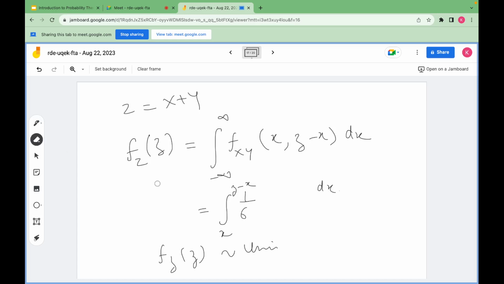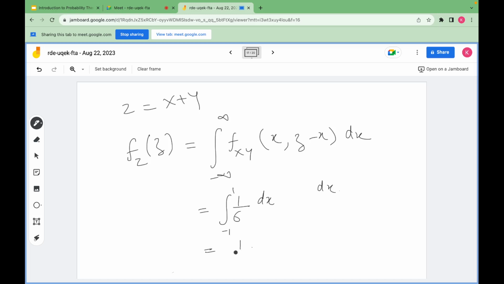So for this probability density function f of x comma z minus x, this is 1 by 6, integrated over dx, where x ranges from minus 1 to 1.